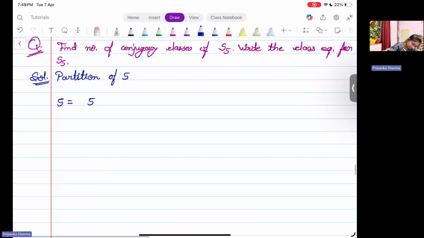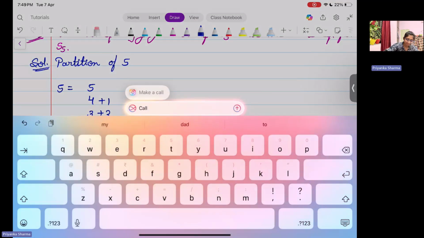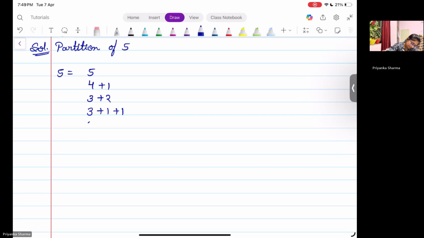First one is 5, then 4 plus 1, 3 plus 2, 3 plus 1 plus 1, 2 plus 2 plus 1, 2 plus 1 plus 1 plus 1, and 1 plus 1 plus 1 plus 1 plus 1.